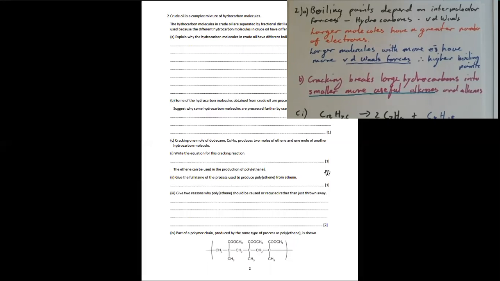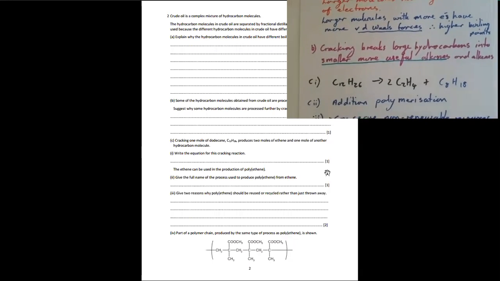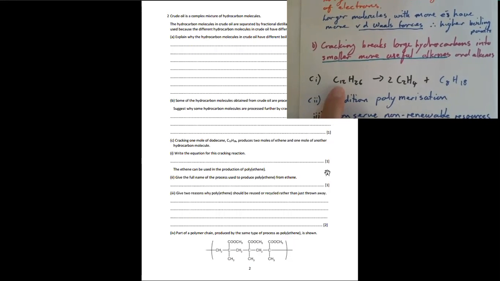Cracking of 1 mole of C12H26. I'm not even going to pronounce that for now. I'm going to have a tongue twister. Produces 2 moles of ethene, 1 mole of another hydrocarbon. Okay, so I can write that down. I don't have a problem because they tell me it is C12H26.